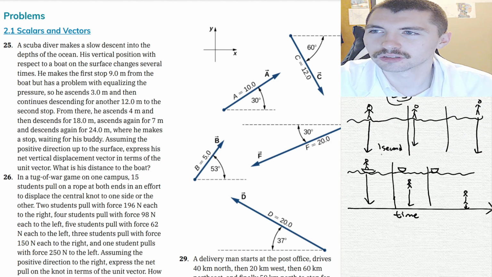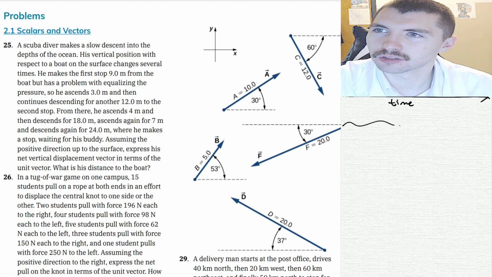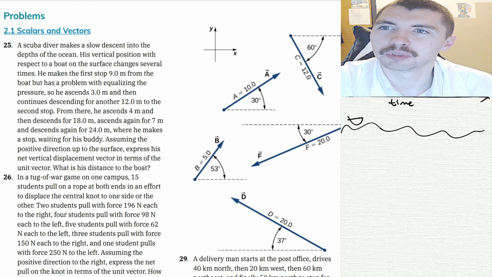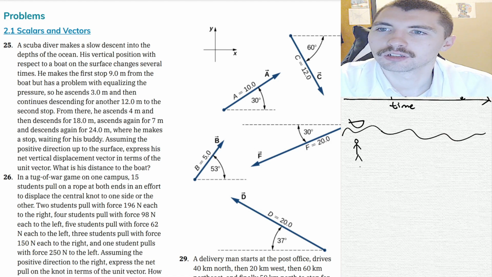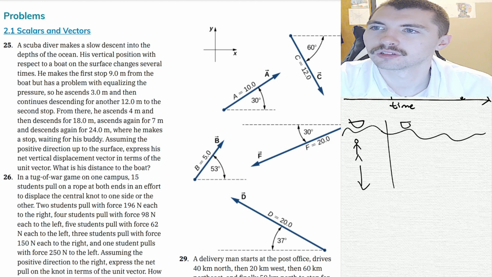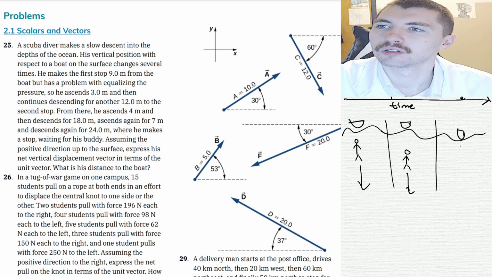I think the first picture should have been more correct. So we have a boat. First he starts here, dropping down. That's time slice 1. He'll stay directly under the boat. So then next moment he is here. And then next moment he is here.